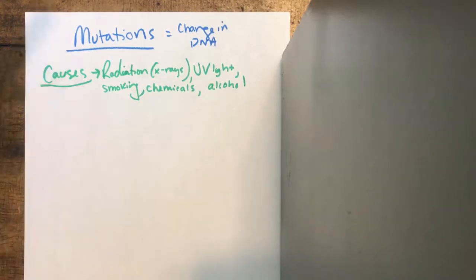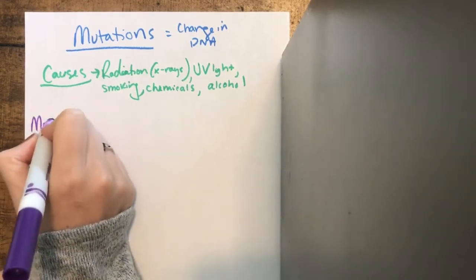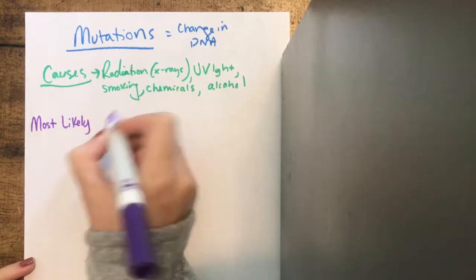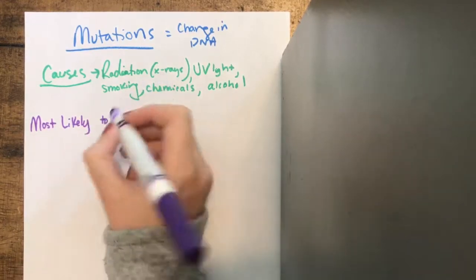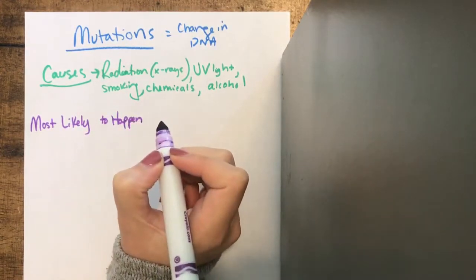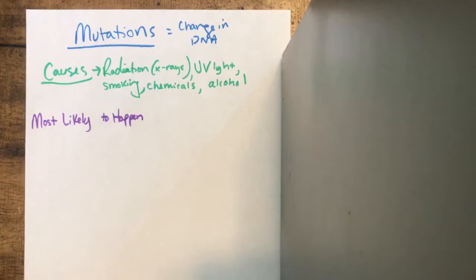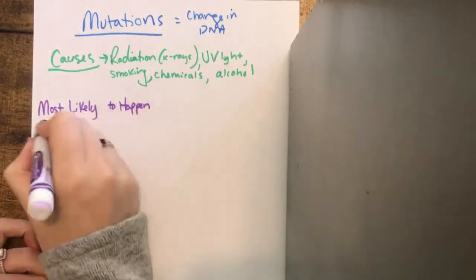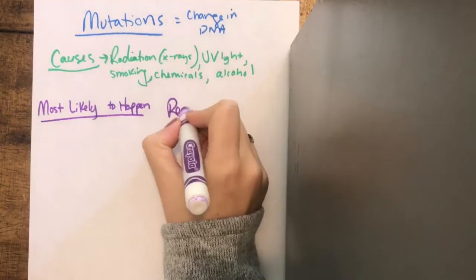Mutations are most likely to occur when we're copying that DNA, so during replication.